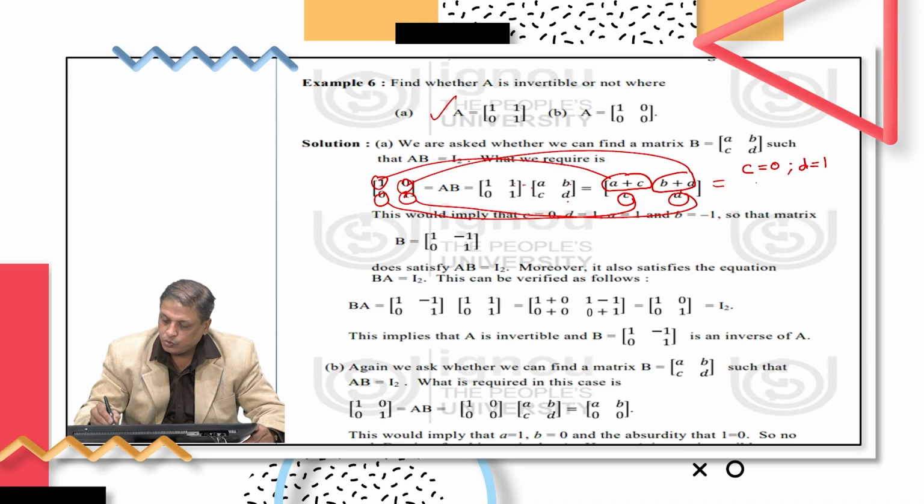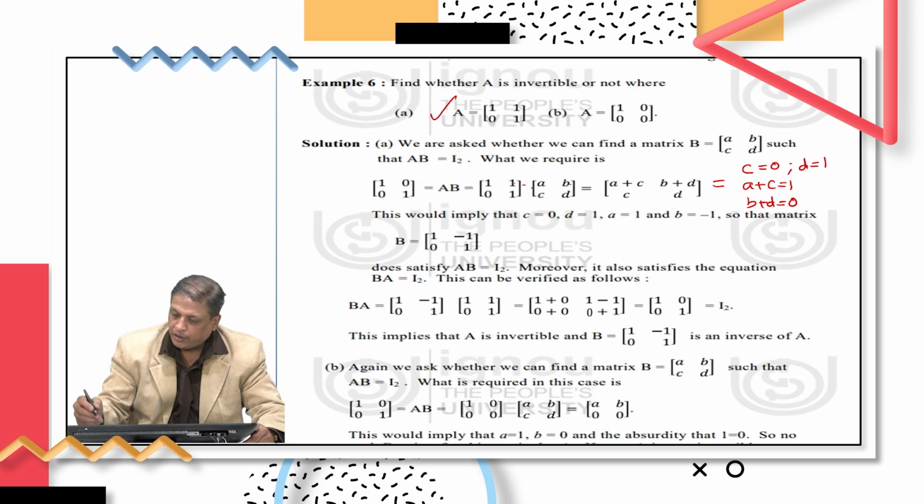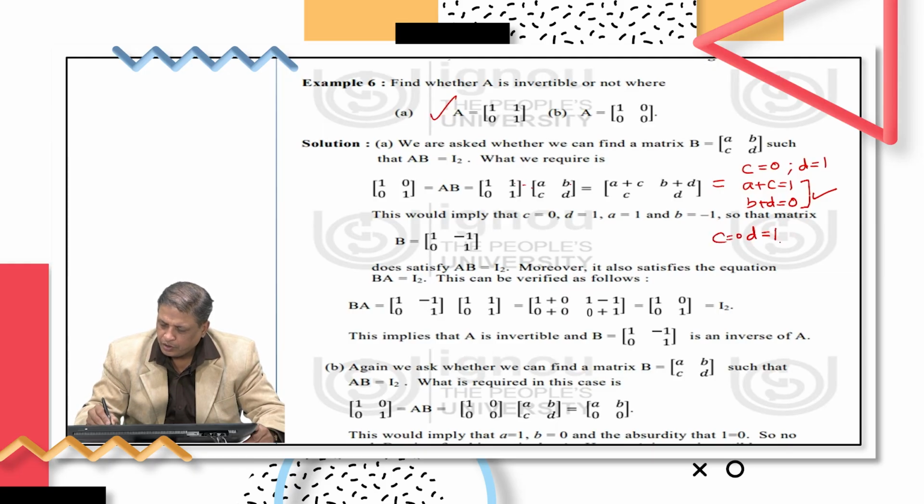So that means we get c equal to 0 and d equal to 1. Now using these in the equations a plus c equal to 1 and b plus d equal to 0, by solving these equations we get d equal to 1, c equal to 0, a equal to 1, and b equal to minus 1.